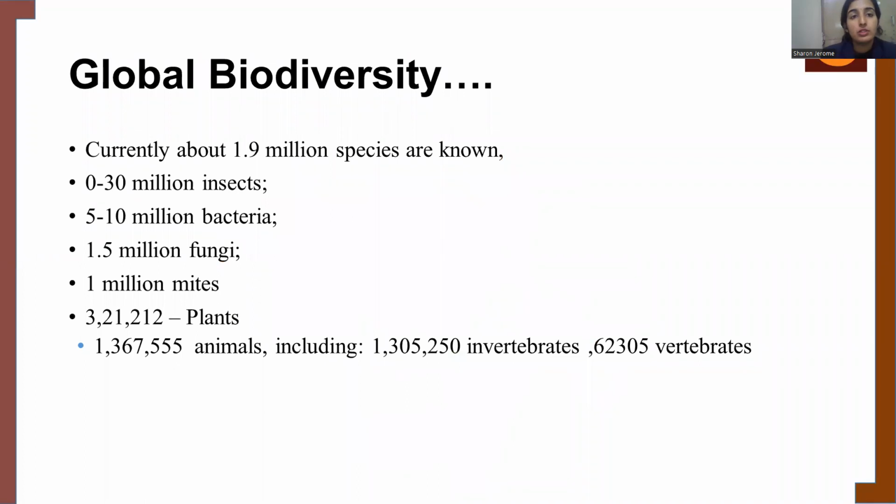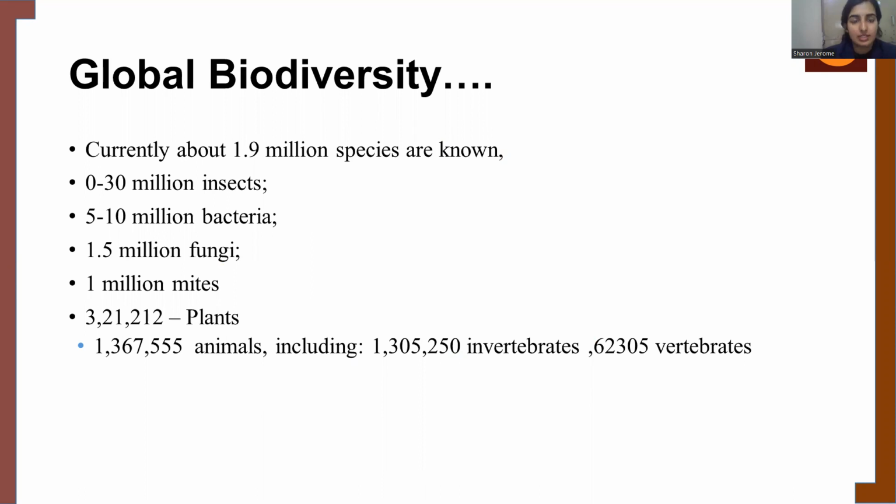When we talk about global diversity, currently about 1.9 million species are known. That means there are still more species yet to be discovered and known.